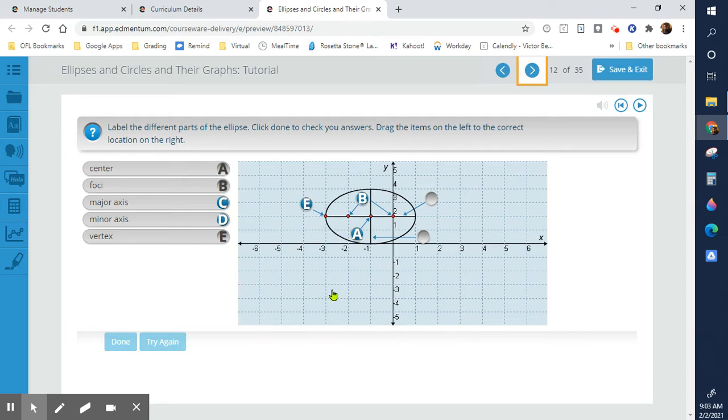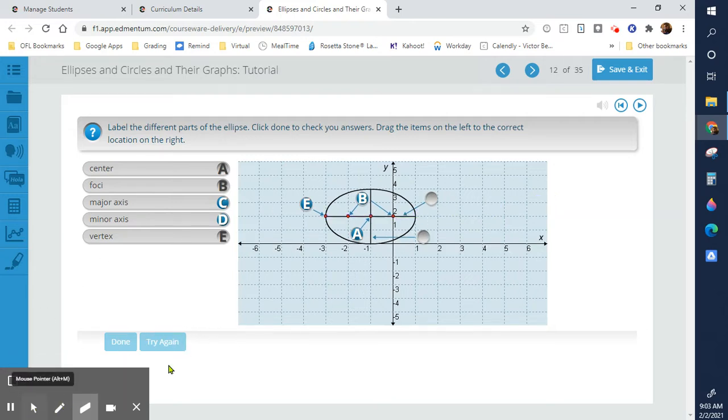Extreme meaning the maximum or minimum of that axis. So this would be an extreme of this line. It's the most left. This one would also be a vertex, although they're not labeling it, because it's the extreme of the other direction.